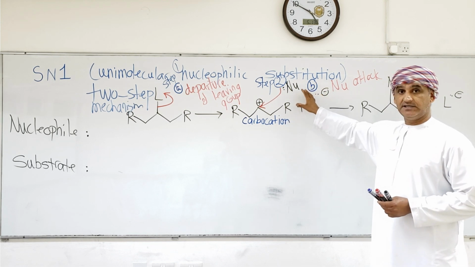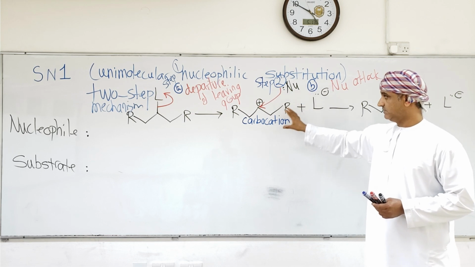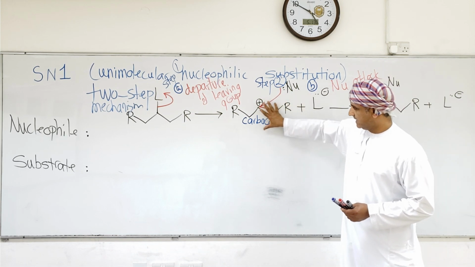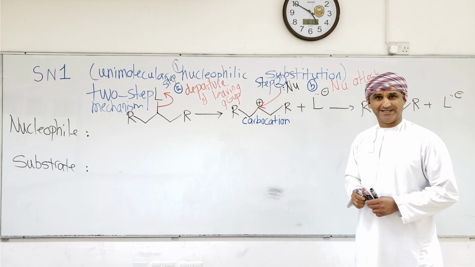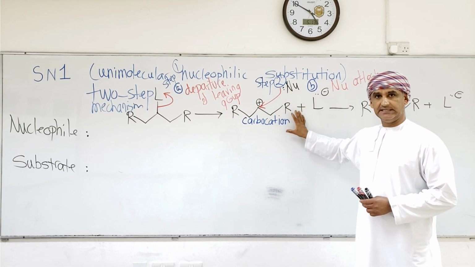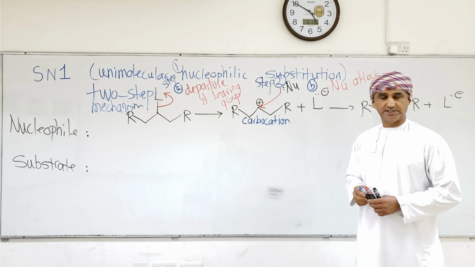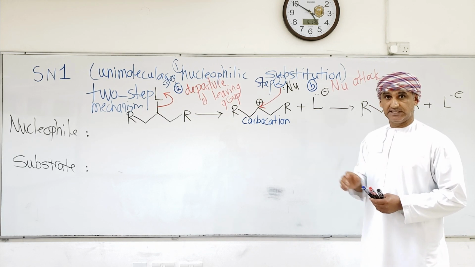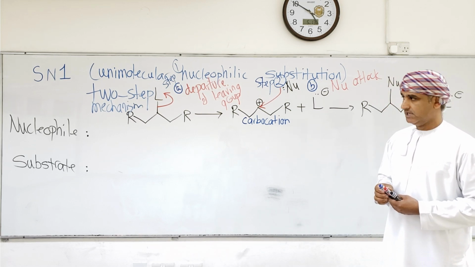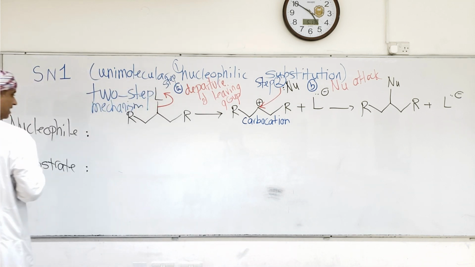So the nucleophile does not have to be strong, because this is already a highly electrophilic intermediate. It doesn't have to be negatively charged, and the size is not really a big issue here. So the nucleophile doesn't have to be small or strong.